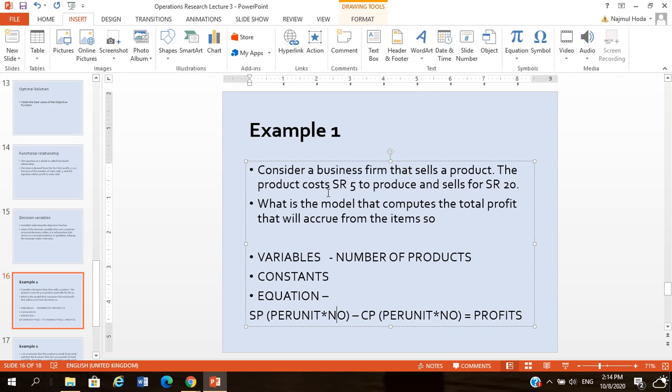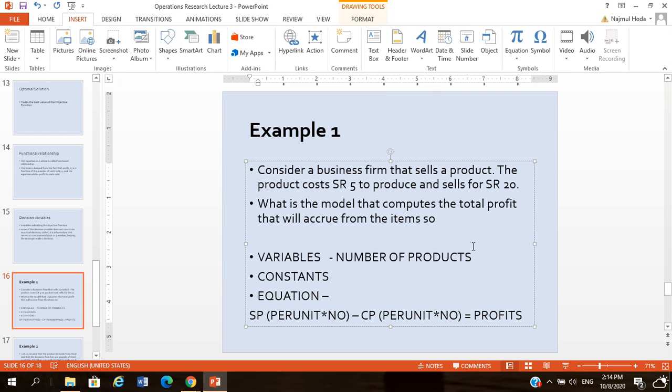So, you understood: the Saudi Riyal 5 production cost is a constant. What is the variable? The variable is the number of products, which will affect the profits. Let me ask you a question. If you make 1 unit, what will the profit be?